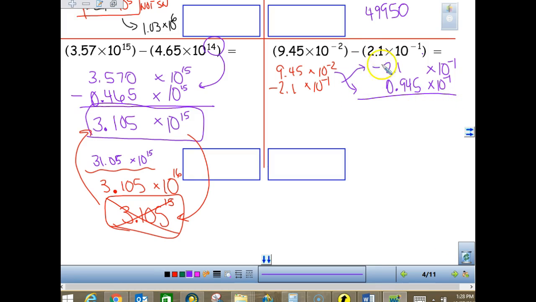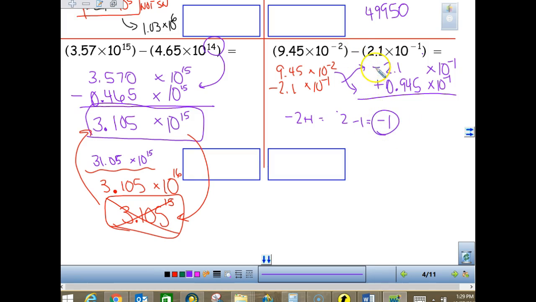So do you see why I put negative 2.1? Because we don't like to think of taking 0.945 minus 2.1. But a negative 2.1 plus, this is still a subtraction problem. Do you agree? If I have negative 2 plus 1, that really means I'm taking 2 minus 1 and I'm keeping it negative, right? My answer just comes out to be negative.